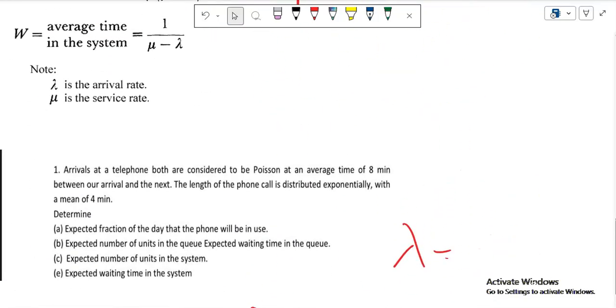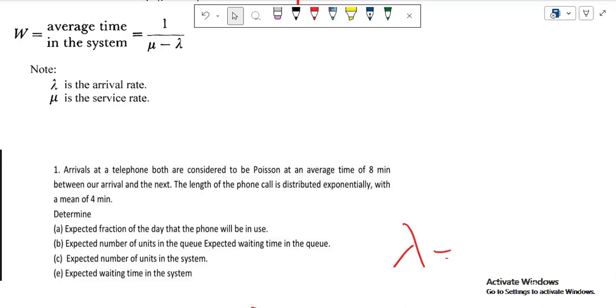Now what have we been told? We are told that it takes an average of 8 minutes between one arrival and the next. So between one call and the next, it takes 8 minutes. Now we need to standardize this, all right? What others in science call SI units, and the standard is hours. So how many calls do we take in an hour?